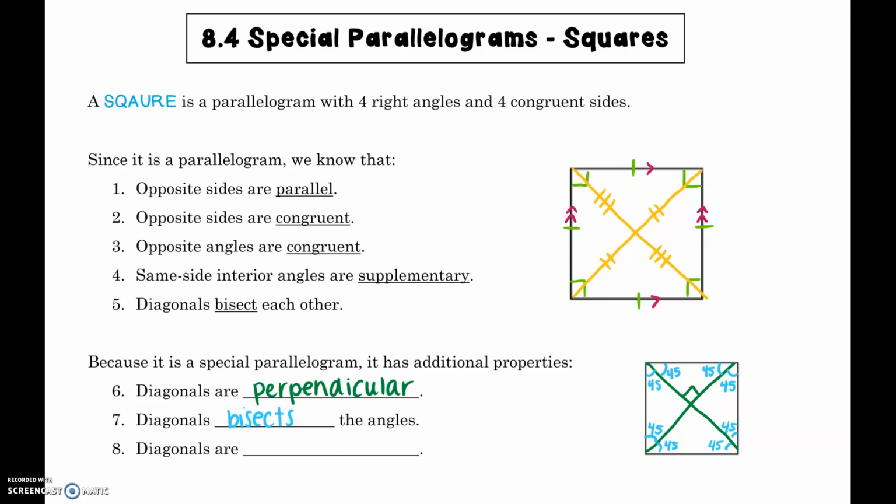Lastly, we know that the diagonals are congruent. So we can say this diagonal here is congruent to that diagonal. A little hard to draw just because they intersect.